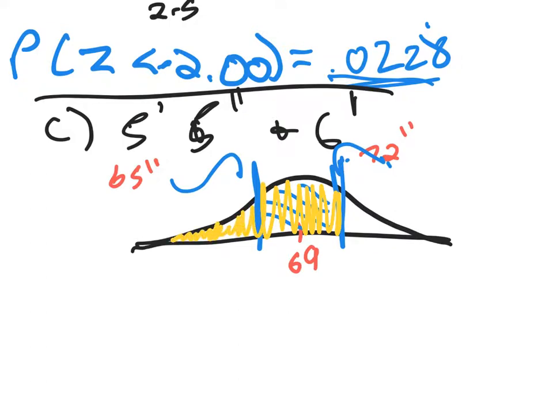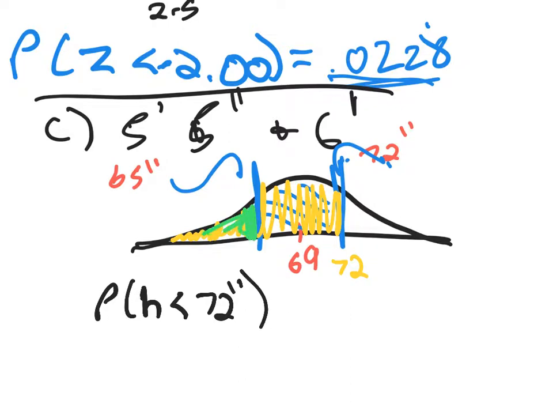This is all the area to the left of 72. And so I'm going to calculate that first. So it looks like this. The probability that the height is less than 72 inches.